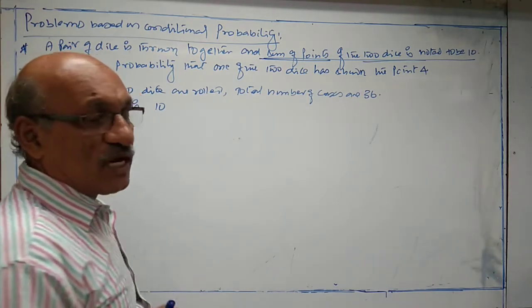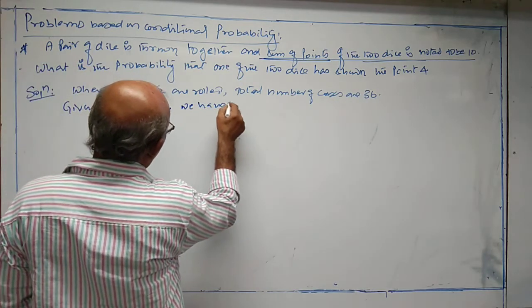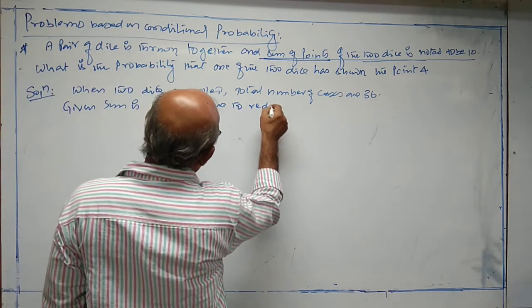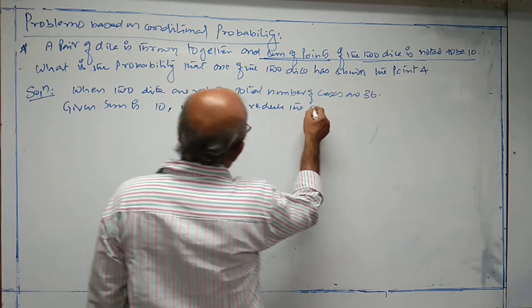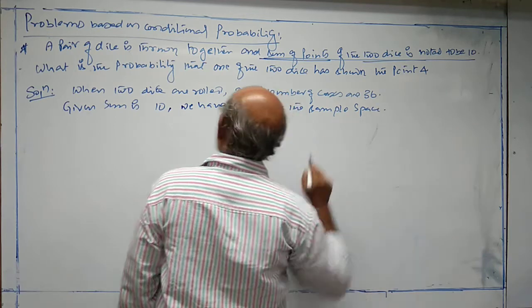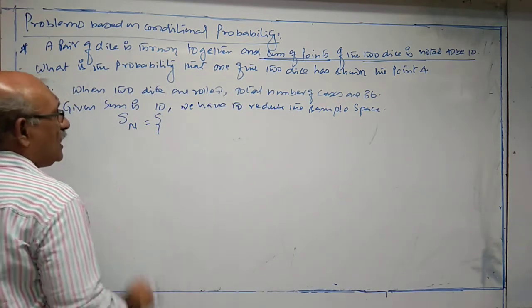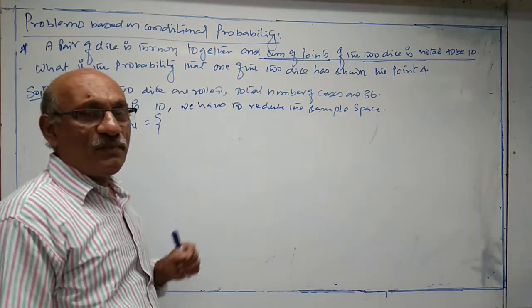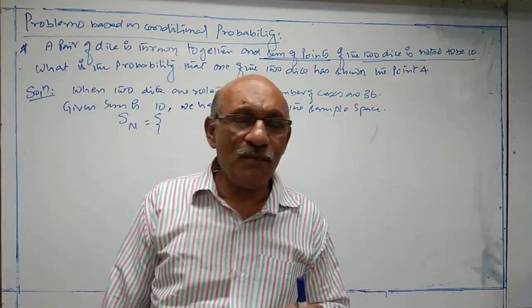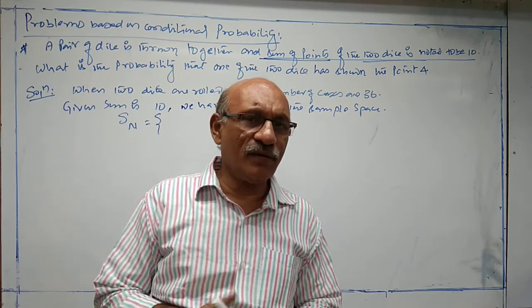So whenever this condition is given, we have to reduce the sample space. So the new sample space consists of only those numbers whose sum is 10. Again I am repeating, sir.